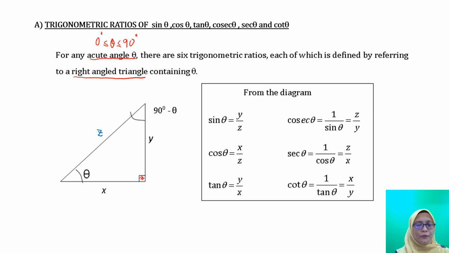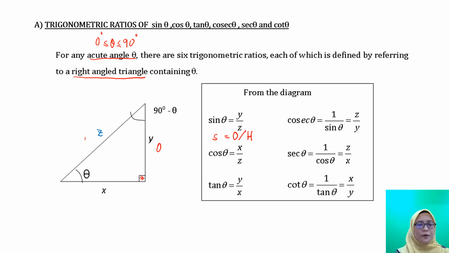If you want to find the sine theta, sine theta is opposite over hypotenuse. This one is hypotenuse. So sine equal to opposite over hypotenuse.